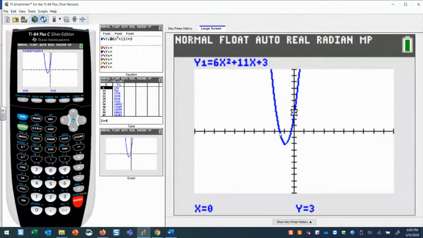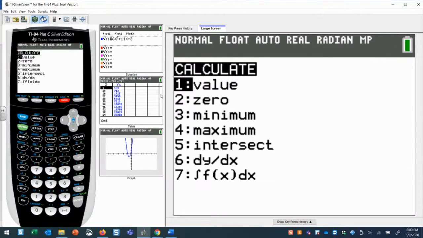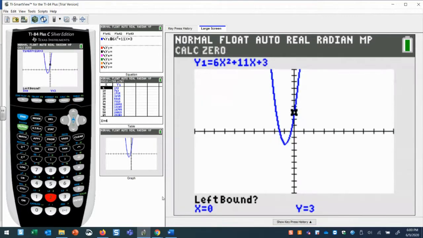The x-intercept is where it crosses the x-axis. We call these zeros. So to find the x-intercept, second calculate, zero, that's number 2. Now this time it says left bound, but this left bound means a point on one side of the line, the left intercept here, above the line.